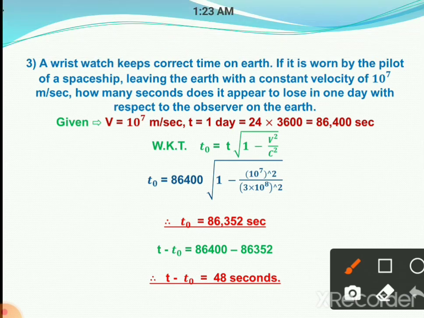Consider the next problem. A wristwatch keeps correct time on the Earth.